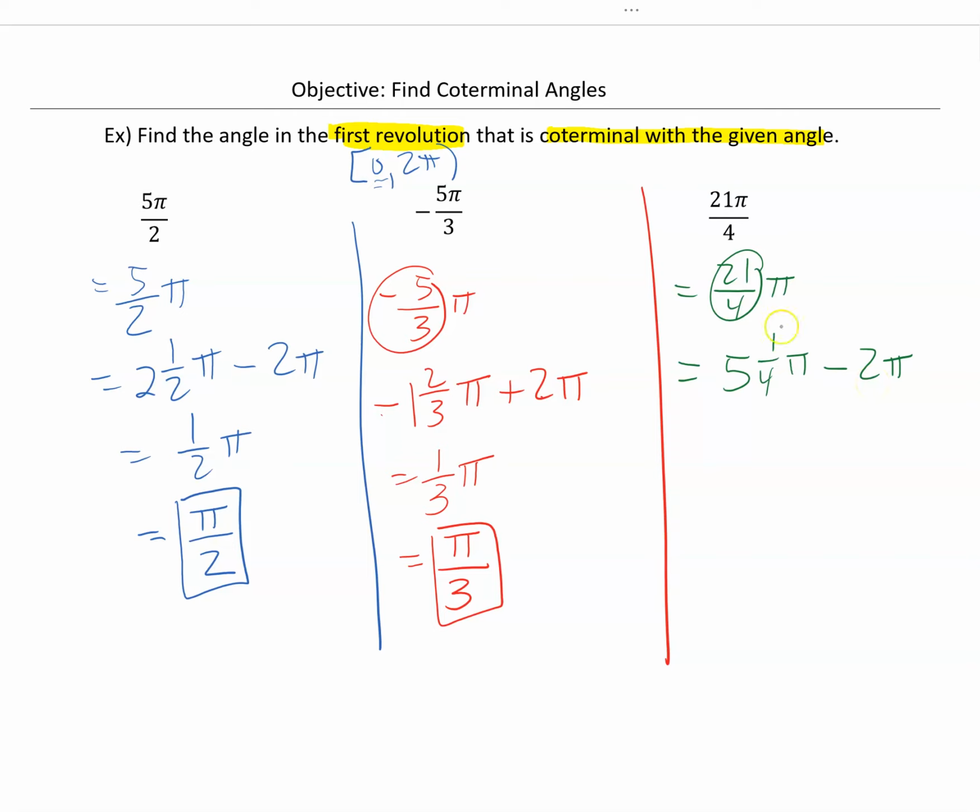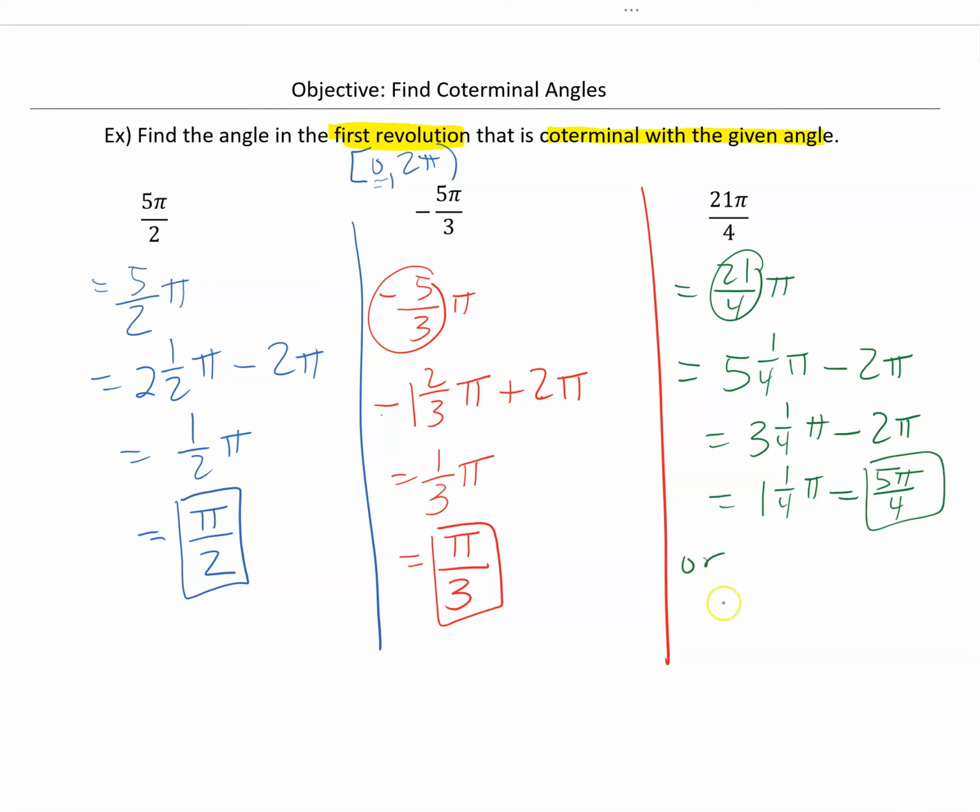So 5 1/4 minus 2 would be 3 1/4, and then you have to realize, oh, okay, that's still too big because 3 1/4 is bigger than 2. Subtract another 2 pi, and 3 1/4 minus 2 gives you 1 1/4 times pi. That's good because that 1 1/4 is between 0 and 2, so that gives us a coterminal angle of 5 pi fourths in our first revolution.